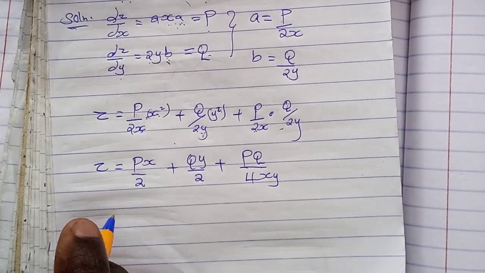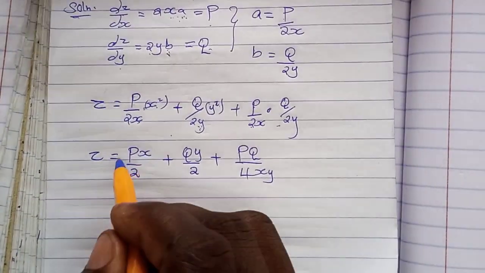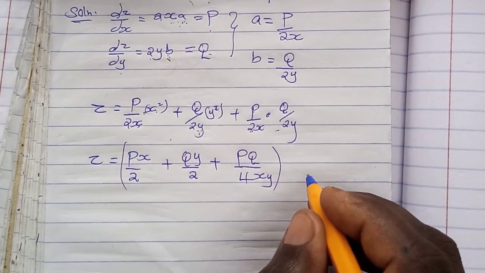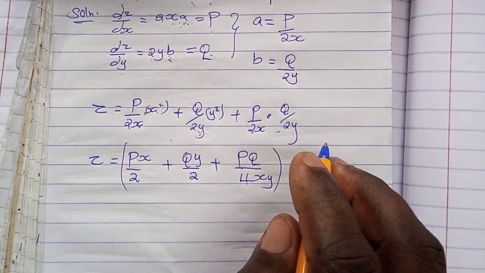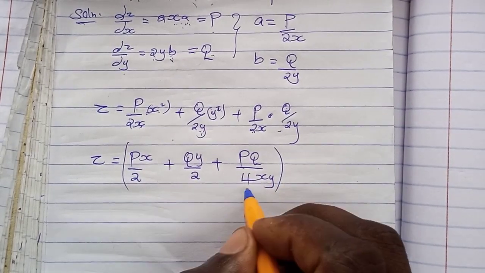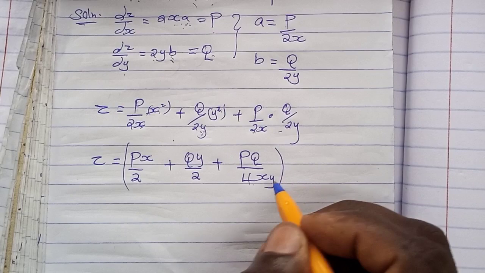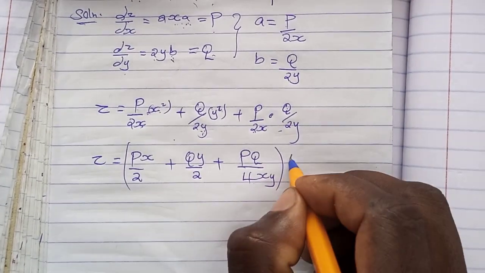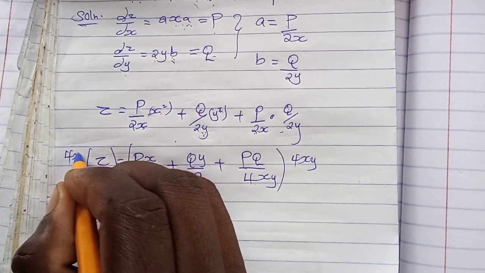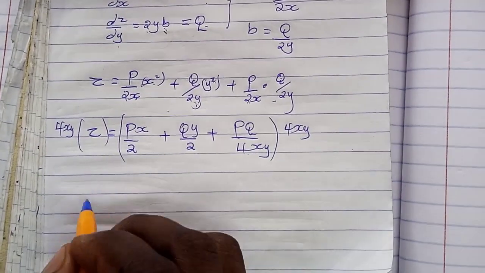Now we do the LCM of this part. Up to here you have done three quarters of your work, so you are free now to finish. Our LCM is 4XY. We multiply both sides by 4XY.